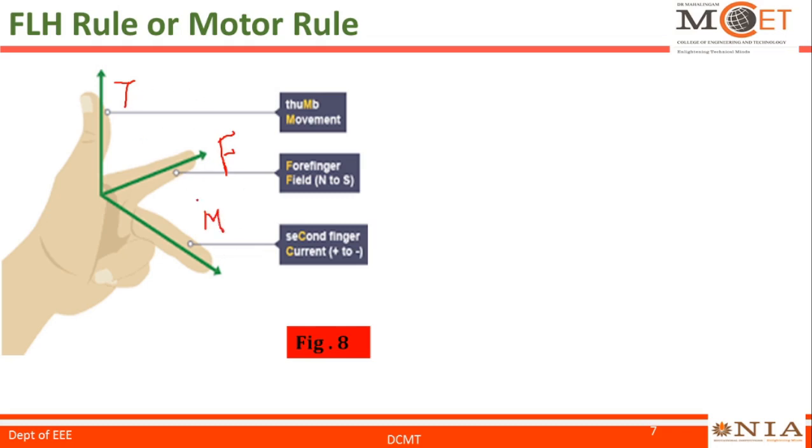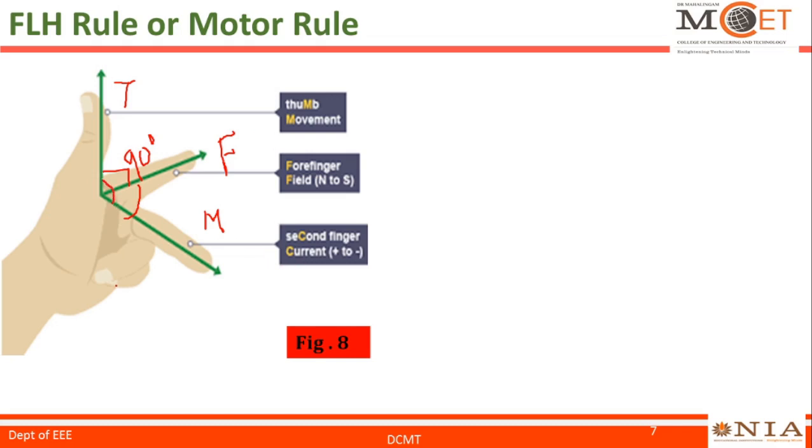All these three fingers are mutually perpendicular to each other, meaning the thumb and forefinger are at 90 degrees, that is orthogonal. Similarly, forefinger and middle finger are at 90 degrees, and thumb and middle finger are at 90 degrees.